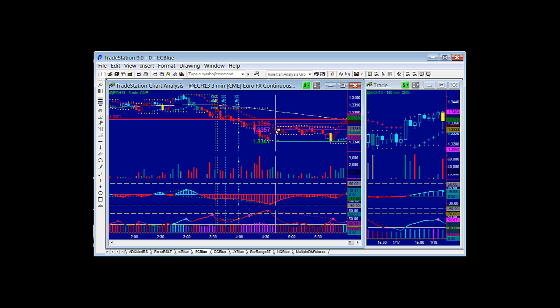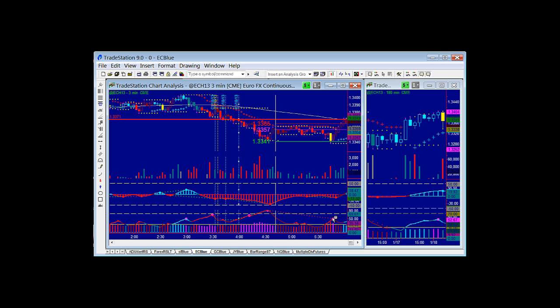This one actually did give you diverging volume. You were risking 8 ticks and you made 16 ticks on part of your position and at least 2 ticks on the remainder of the position.